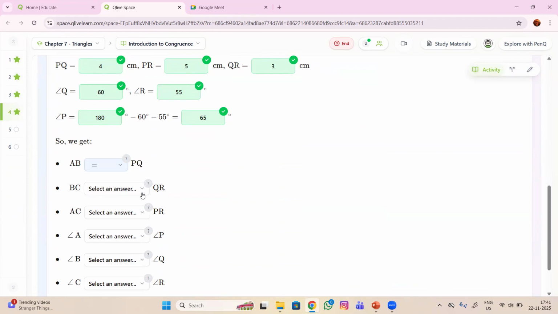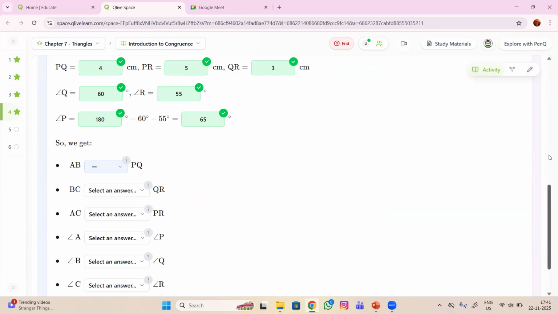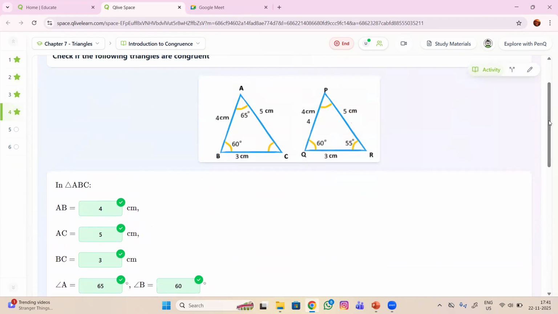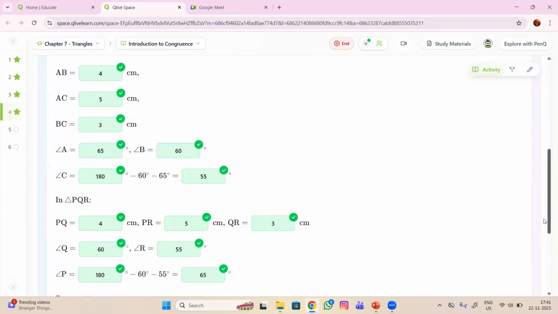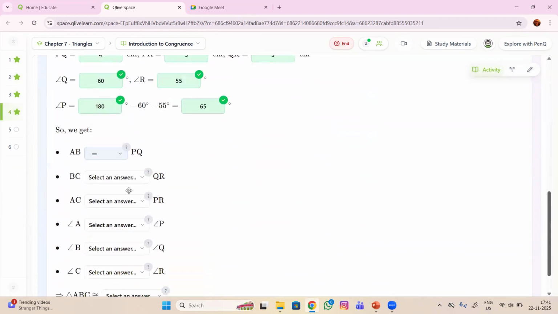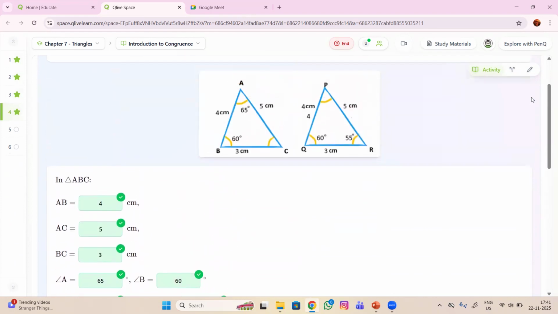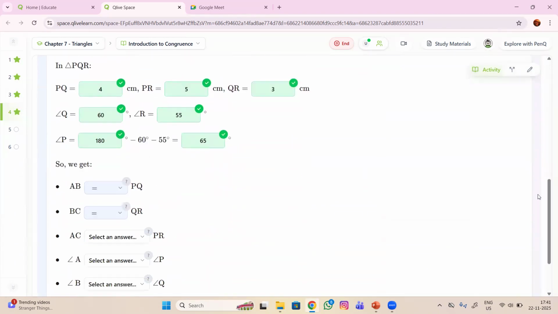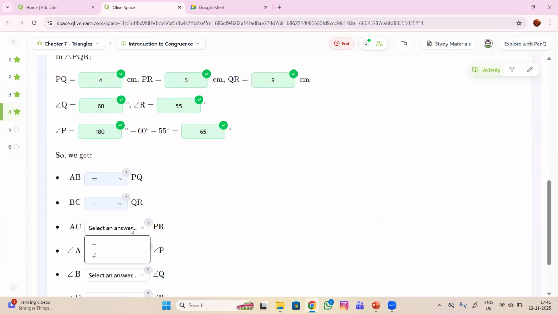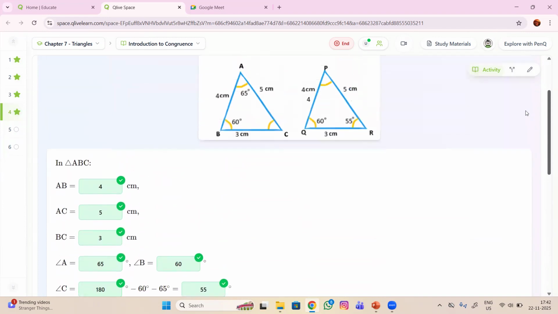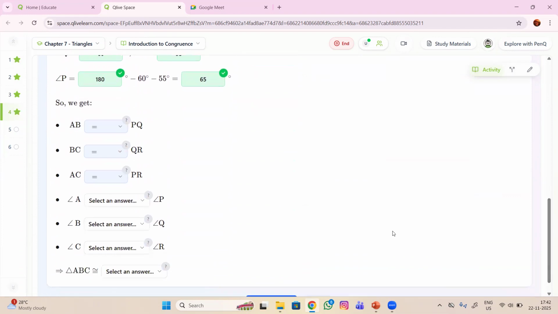Then BC and QR, equal or not equal? Very good, equal. And AC and PR? Very good, equal. And angle A and angle P? Very good, equal.